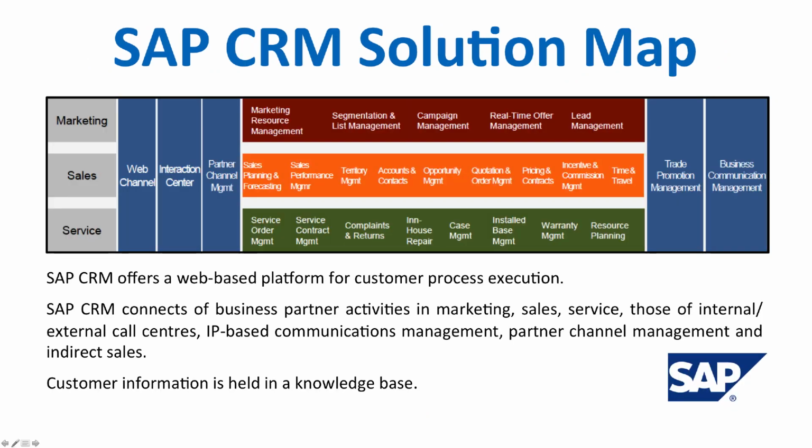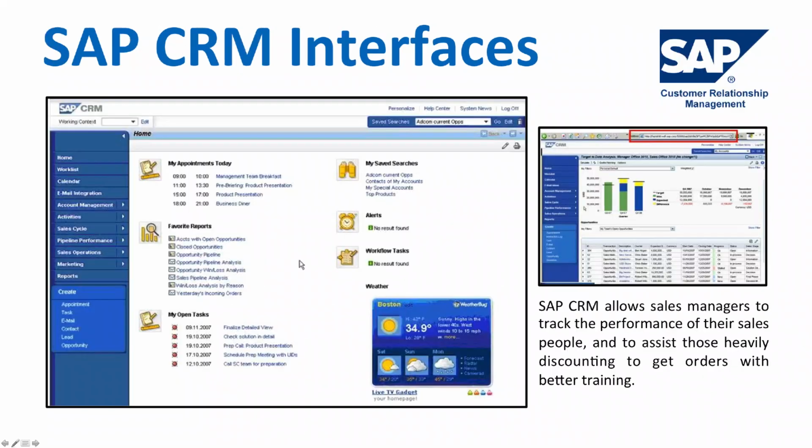Customer Relationship Management Solution Map, so it handles things like sales performance management, sales planning and forecasting, quotation order management, the kind of things that you'll see in the sales and distribution business process. But customer relationship management tends to be separated off and given a bit more focus in some companies. CRM interfaces.